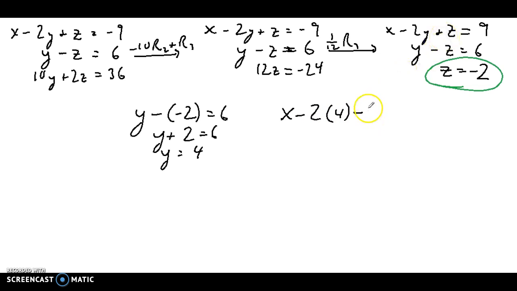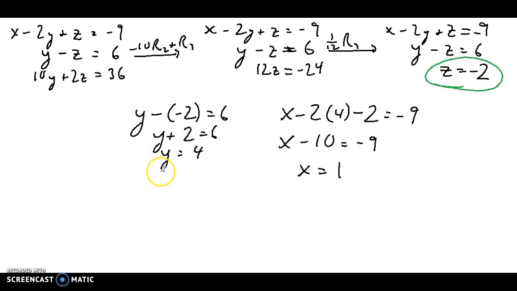Put the negative 2 in for z. And we should get negative 9. I'm not sure what happened to my negative up here. So that means x minus, that's 8, minus 2 is 10, so x minus 10 is negative 9. Add 10 to both sides, we get x is 1.